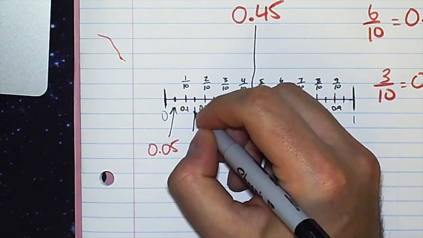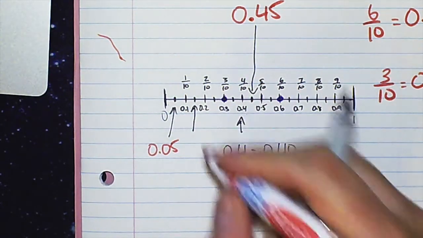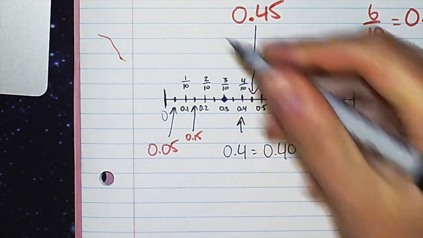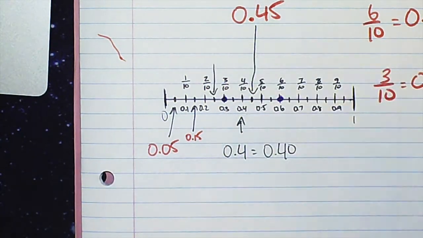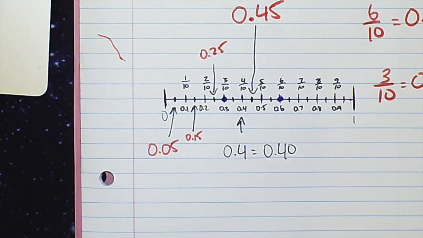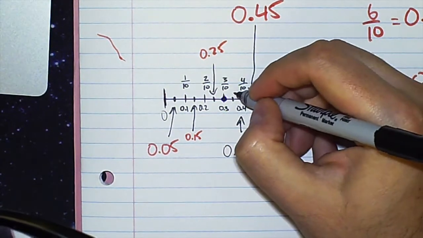So basically this right here would be 0.15. This right here, 0.25, and so on. That's what all of these are.